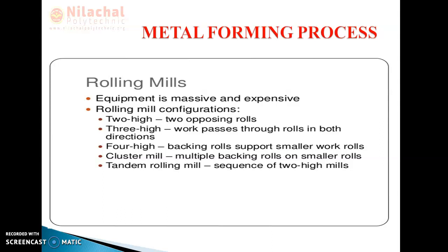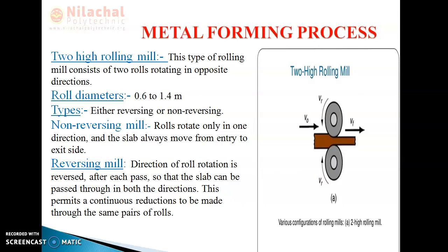Let's start one by one, starting from 2 high roll mills. In this slide, there are some points written. First of all, we can verify the slide. Here we can see a figure where 2 rollers are shown. The upper roll is named the upper roll, and the bottom is known as the lower roll.